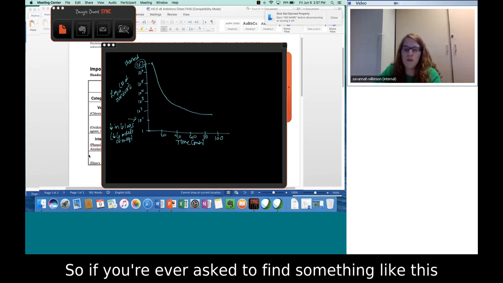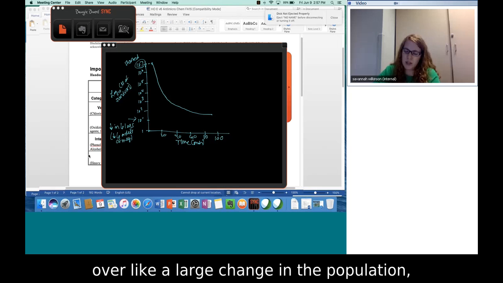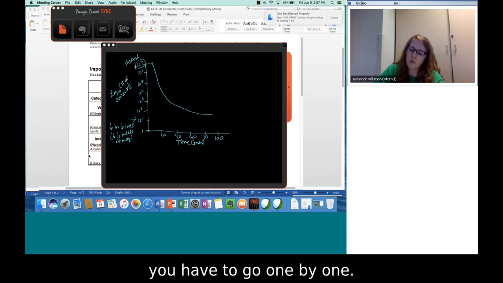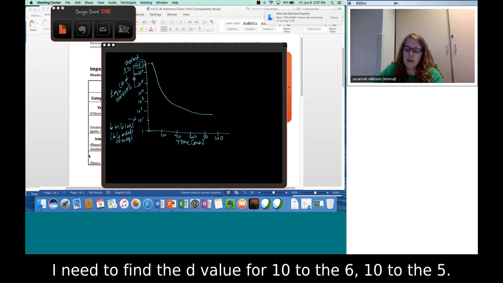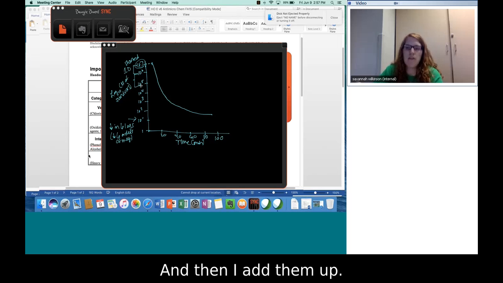So if you're ever asked to find something like this over a large change in the population, you have to go 1 by 1. I have to find 1 D value from 10 to 7 to 10 to 6. I need to find the D value for 10 to 6 to 10 to 5, and then I add them up.